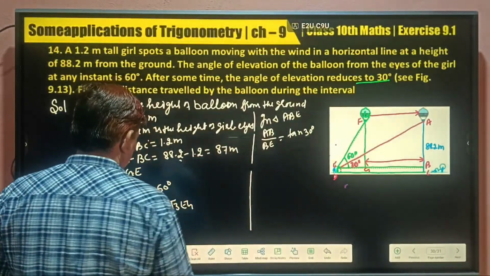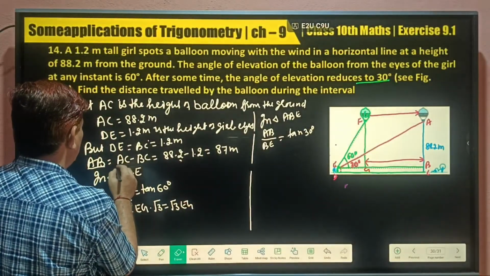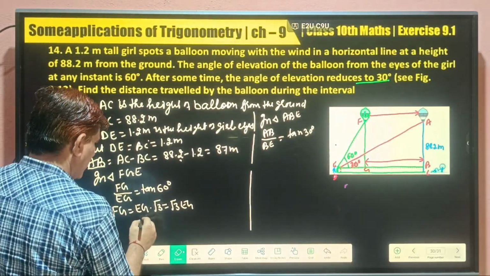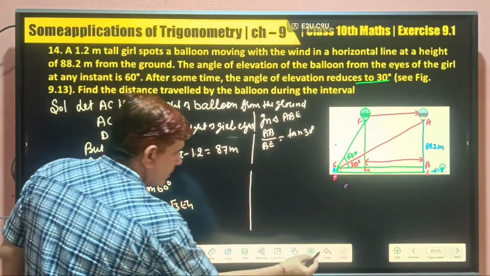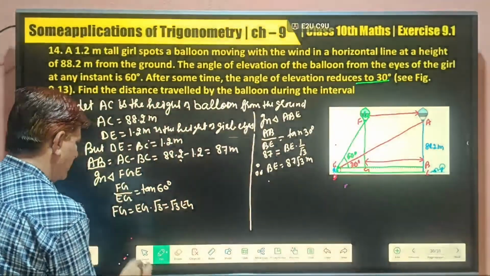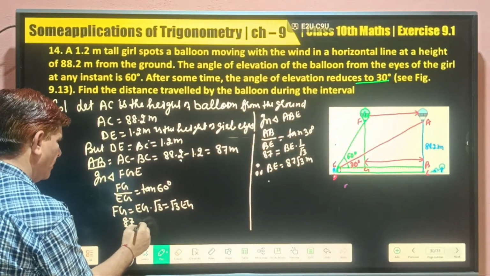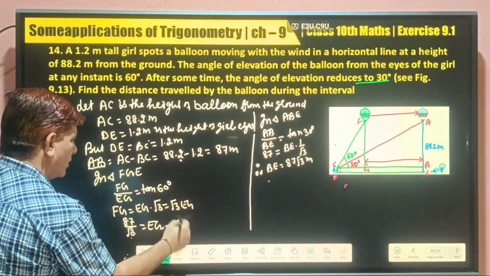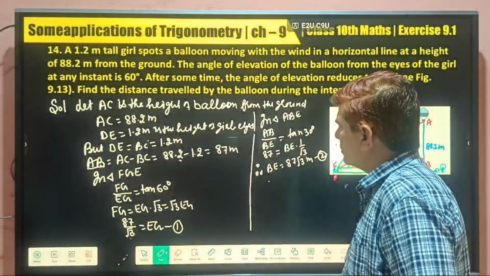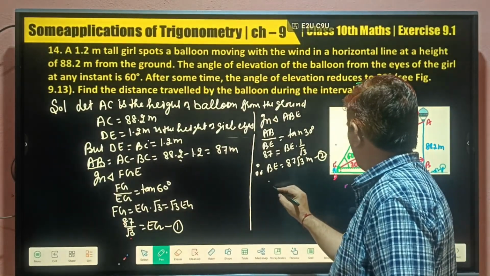FG is equal to 87. From this we can first write here: 87 by root 3 is equal to EG. This is your first, this is your second. Understood?